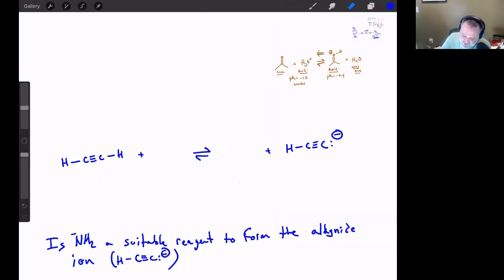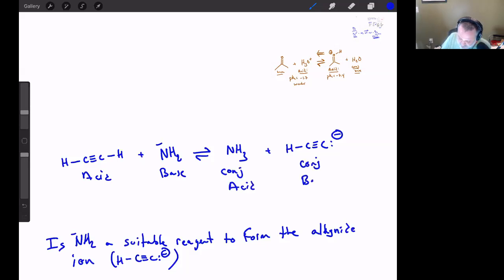So let's examine that reaction. If it's NH2 minus forming NH3, it's a different situation altogether. This is still the acid. This is still the base. This is the conjugate acid. And this is the conjugate base.